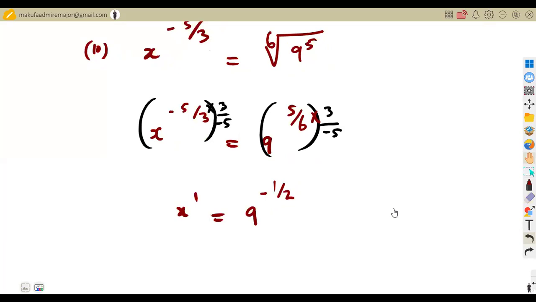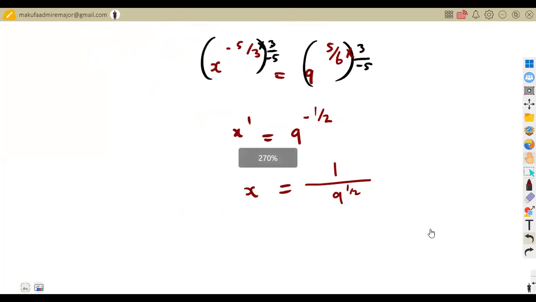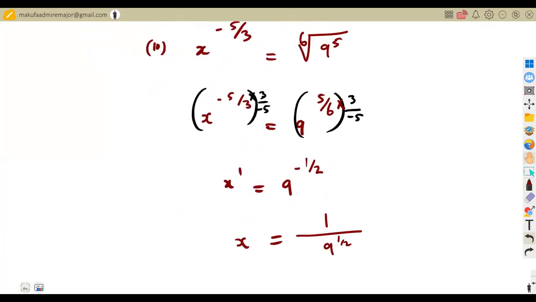All right, so here we simplify. This is x, which is equivalent to this part. Now we are applying the laws of exponents. Remember, to the exponent of a negative means 1 over. So it's 1/9 to the exponent of a half. But what does to the exponent of a half mean? We talked about this. To the exponent of a half means the square root of. So it's 1 over the square root of 9 raised to the exponent of 1, which is fine.